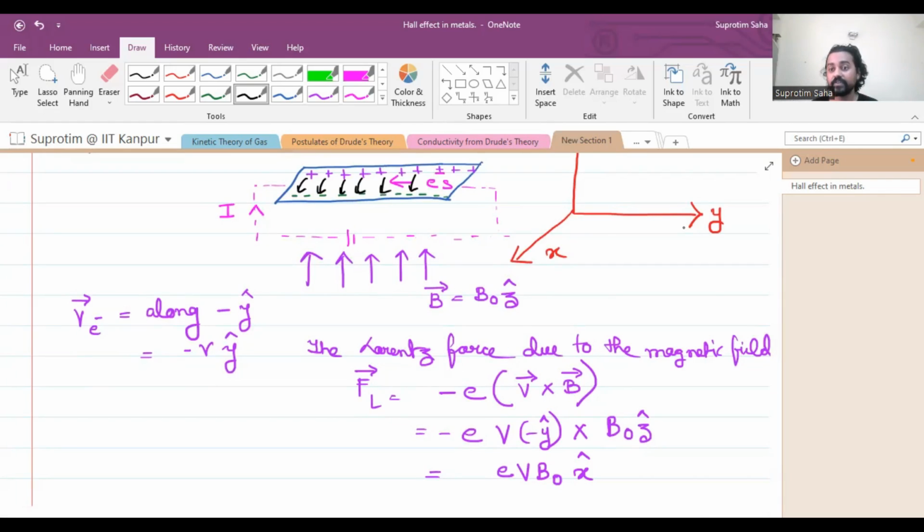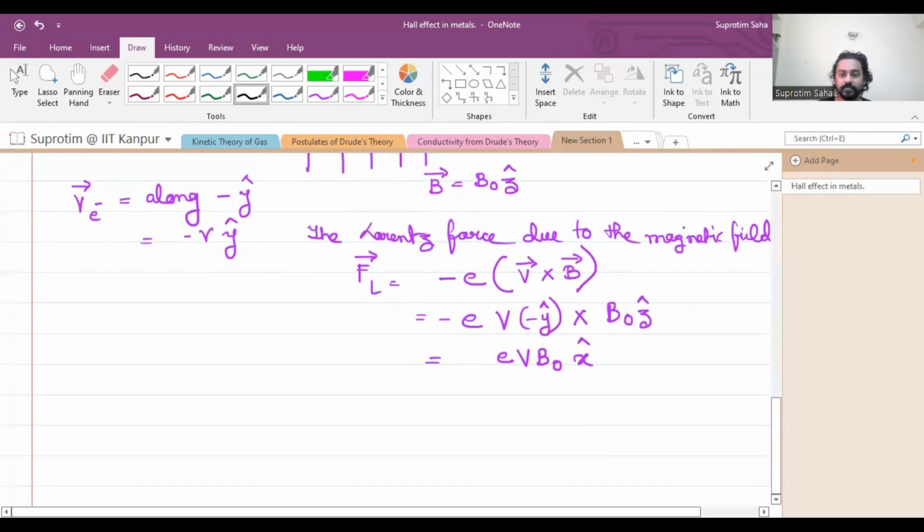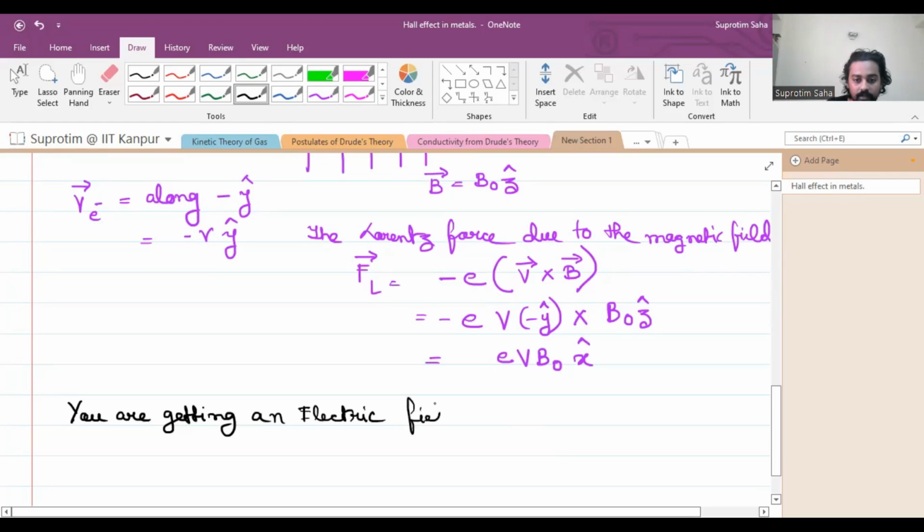In the presence of a magnetic field, you are getting an electric field in the transverse direction, an electric field along the positive x direction.